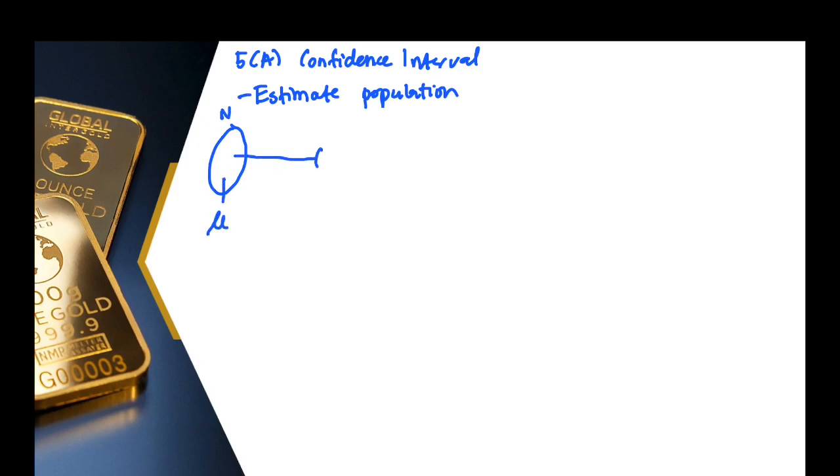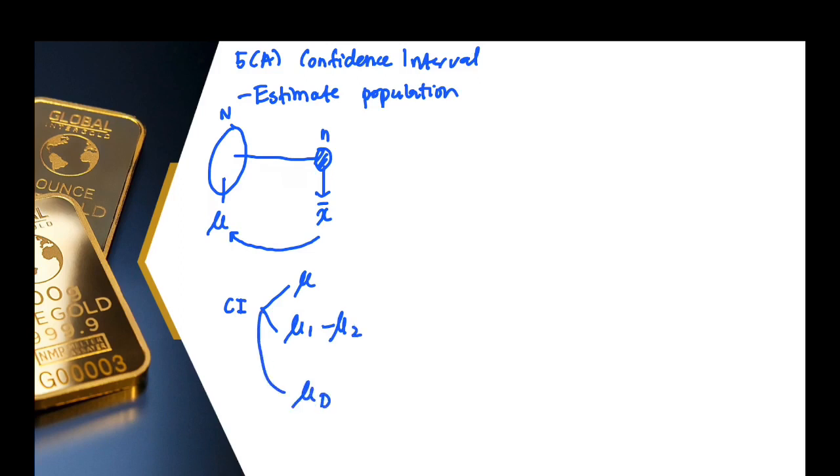You take a sample from here and then you calculate the x bar. So this x bar is the estimator for the mu. So we covered confidence interval for 1 mu, for the 2 mu independent sample and for the 2 mu dependent sample.